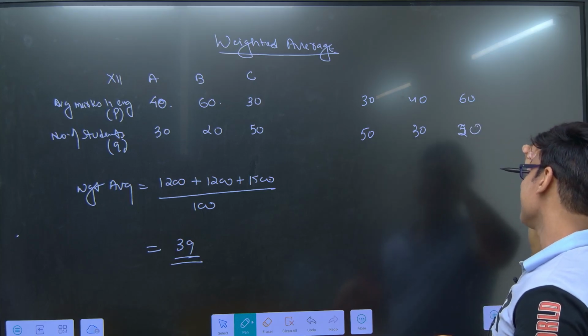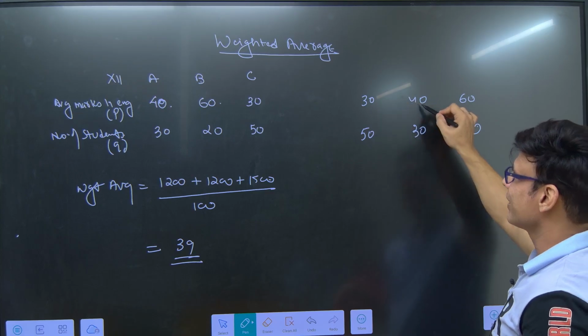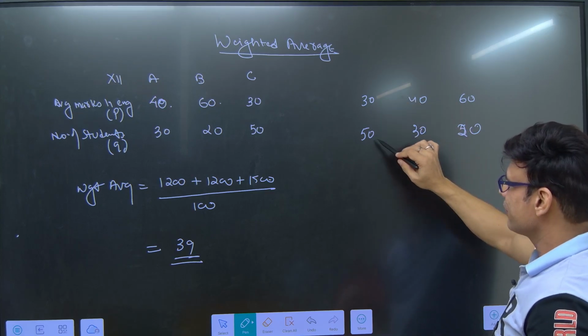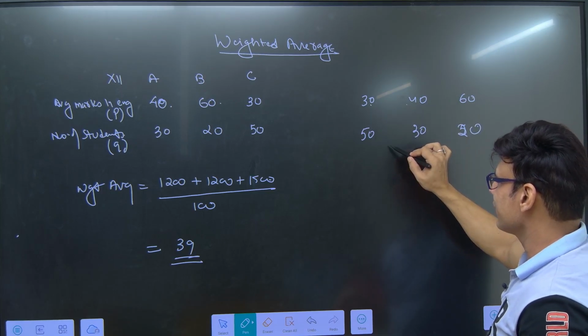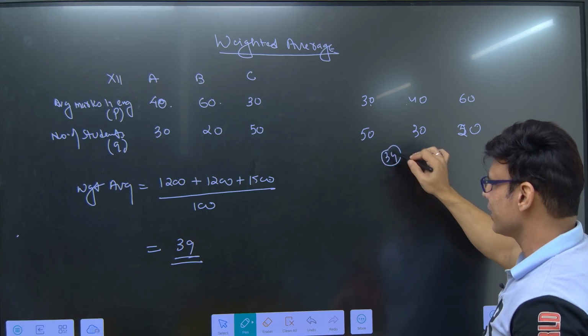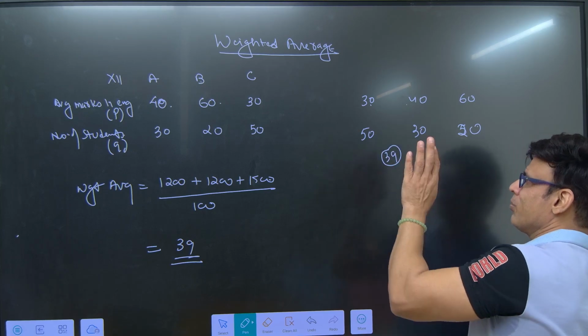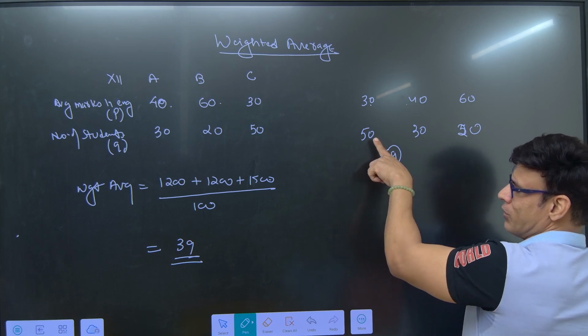Okay, 39, right? 39 is between what? 30 and 40, right? If I take 30, 40 and 60, the average is coming somewhere around 39. Here you cannot use the allegation rule. But one thing you can add: so many students are here, right?